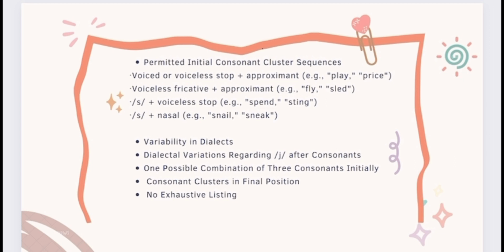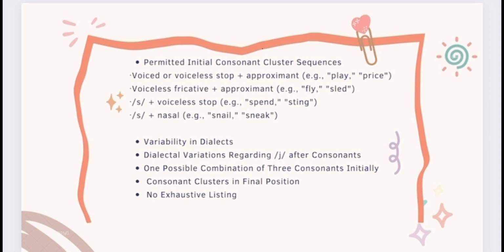One possible combination of three consonants initially. English permits only one combination of three consonants to occur at the beginning of a word or syllable: s plus voiceless stop plus approximant, strong, for example. Dialectal variation regarding j after consonants.